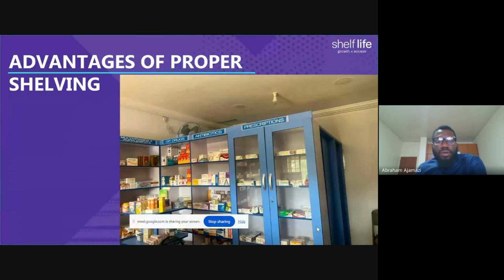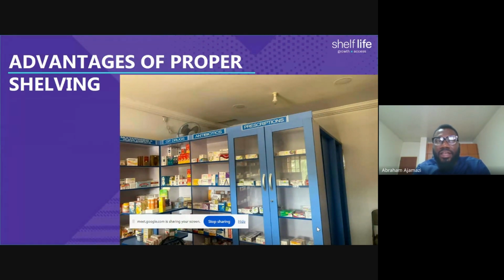So it is very clear that therapeutic categorization is very, very key in running a medicine store. You can see this particular pharmacy owner in FCT. She categorized multivitamin supplements in one place, GIT drugs in one place, antibiotics in one column, prescriptions as well, that's controlled drugs, in another place.